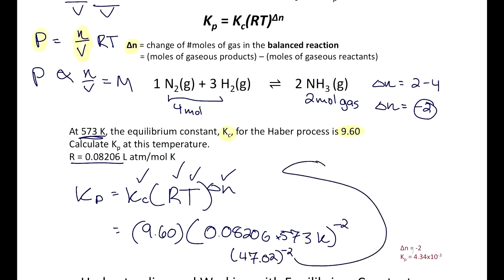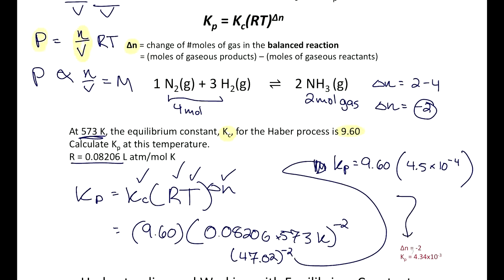And so we get that Kp is equal to 9.60 times that. If you take that to the -2, you get something like 4.5 times 10 to the -4. All right, so that is the RT factor that converts all of those concentrations to pressure. So it converts to pressure, and then you get some number in the corner there, all right?